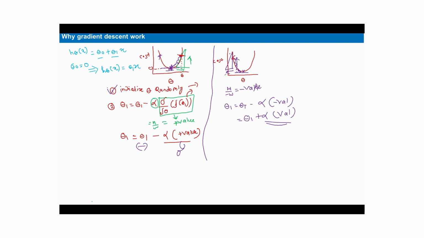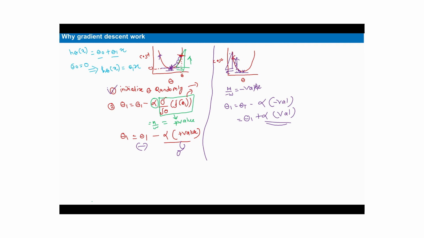Because of that, it does not depend on the randomness of theta. If theta is initialized anywhere, we can reach the point where the global minima is with gradient descent. You can see how smartly they designed this algorithm.